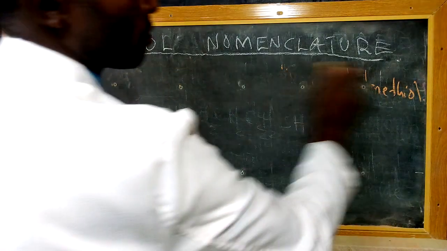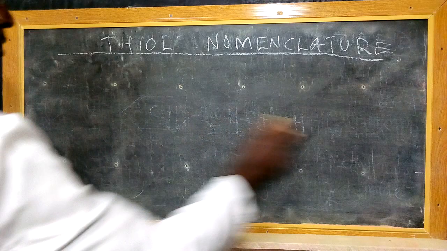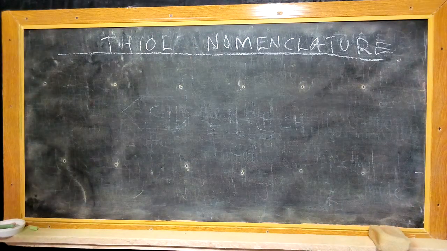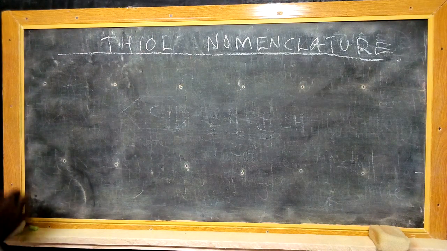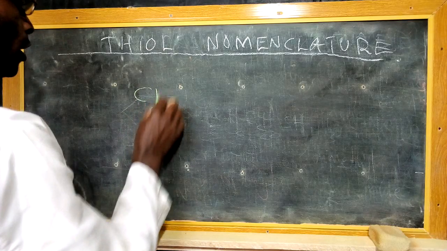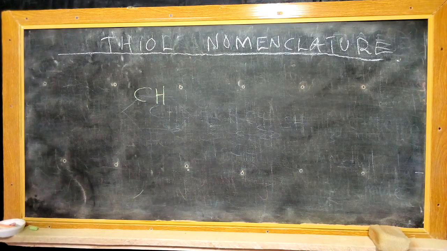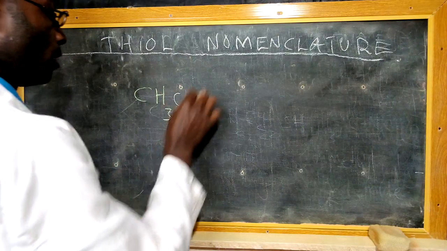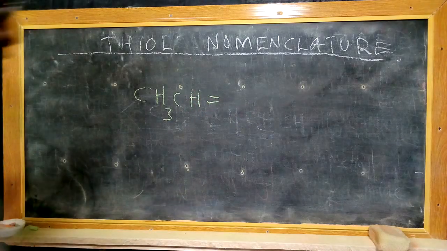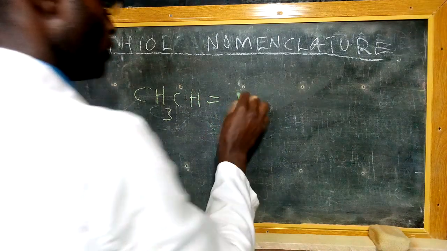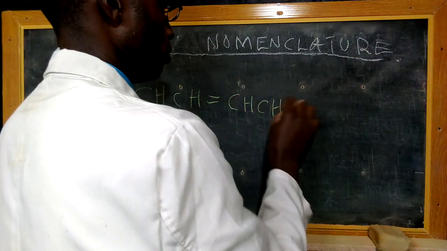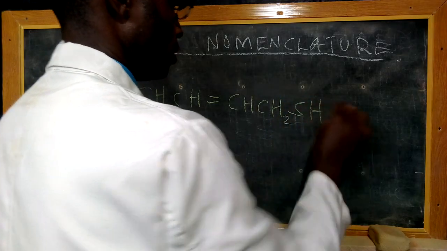And then let's look at another example of a carbon series that contains a double bond, or the one that is unsaturated, and try to see how we can name it. So we have this particular member here, CH3CH double bond, and then we have CH, CH2, and SH.